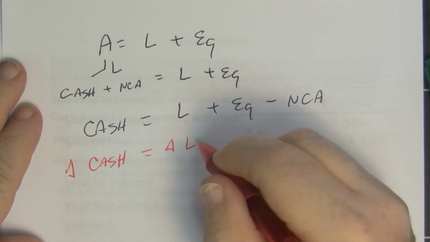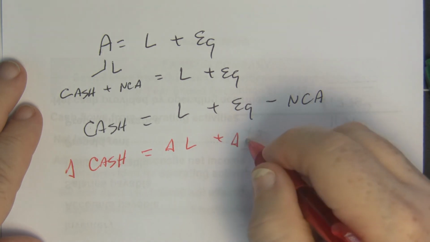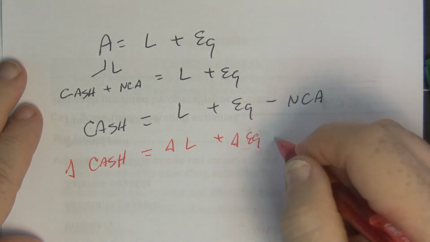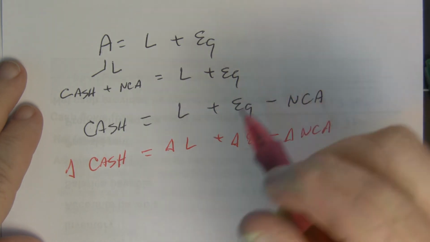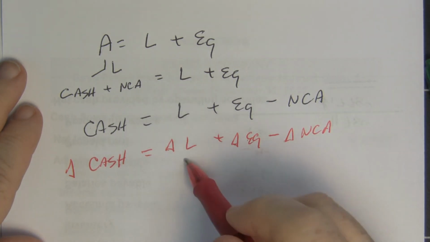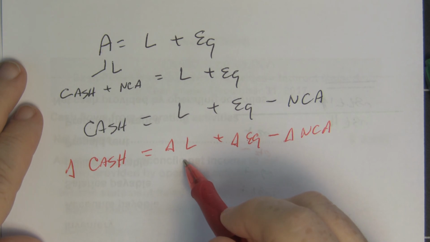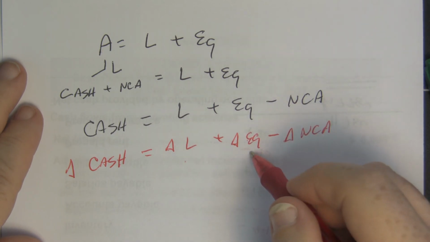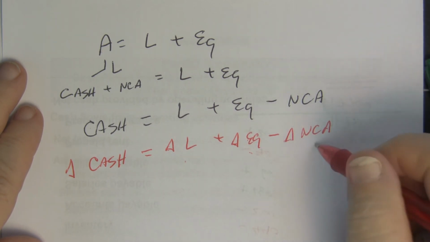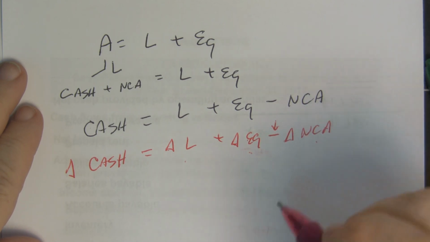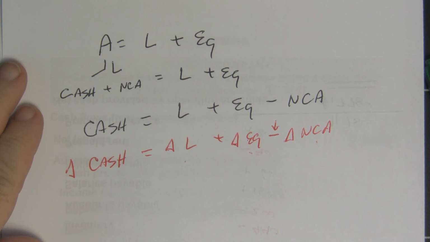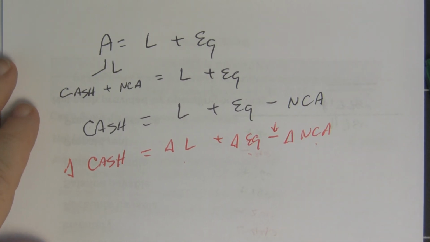That's read that the change in cash varies directly with the change in liabilities, varies directly with the change in equities, and varies inversely, notice the minus sign, in the opposite direction of non-cash assets.